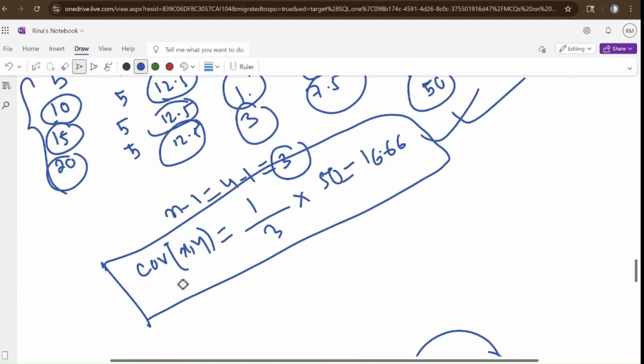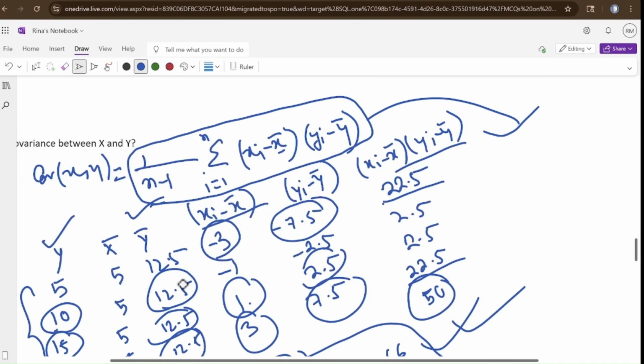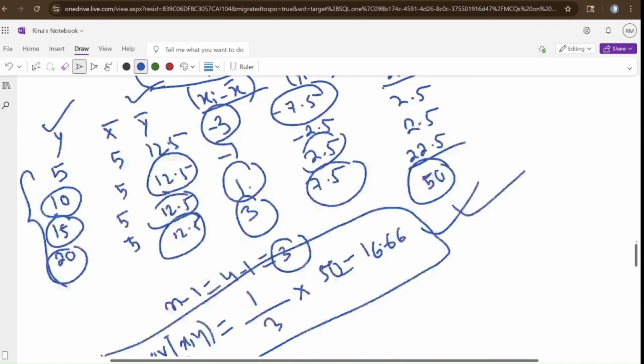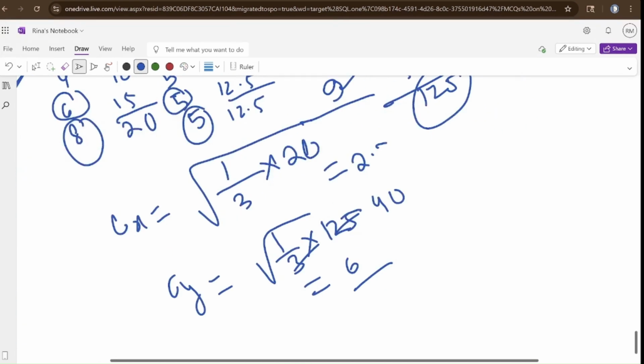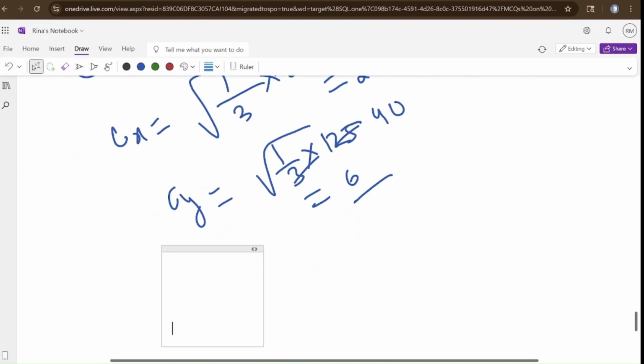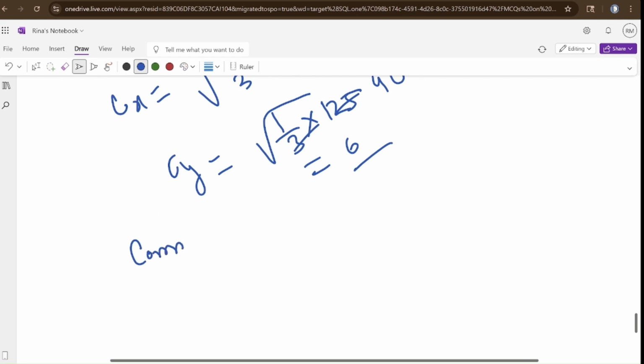See, for the covariance formula you have 1 by n minus 1 and this value. So if we write the complete formula, correlation equals covariance divided by sigma x into sigma y, right?